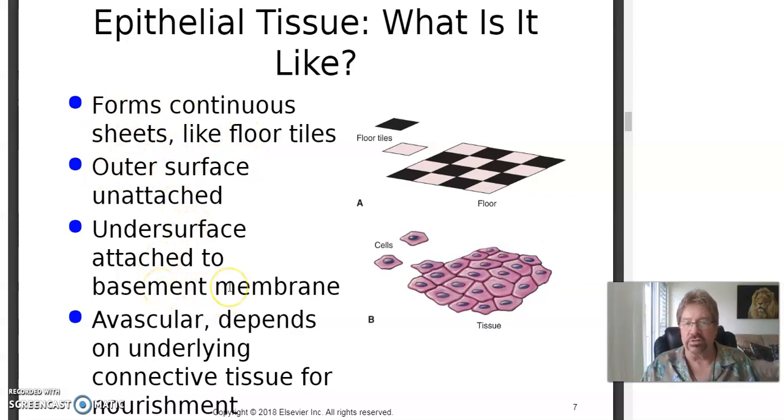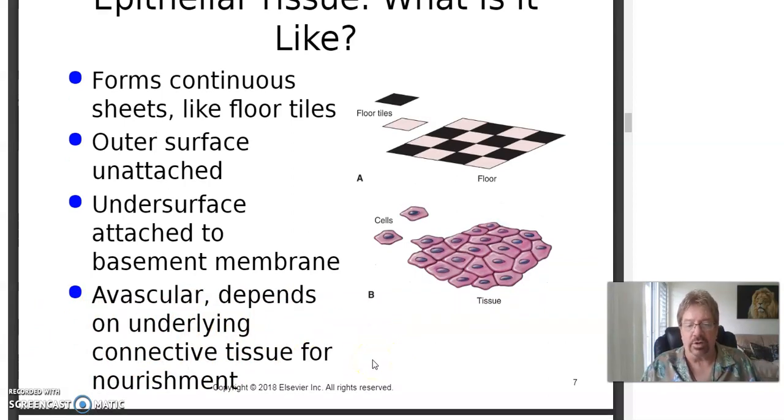This is pretty much true for epithelium in general. It's avascular, which means it depends on underlying tissue for its nourishment, its blood supply, its oxygen and nutrients. So in other words, the majority of epithelial tissue does not have blood vessels running through it. It gets its nourishment and oxygen through diffusion from the tissues underneath it in the basement membrane.